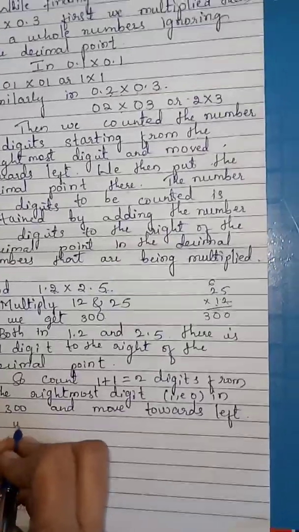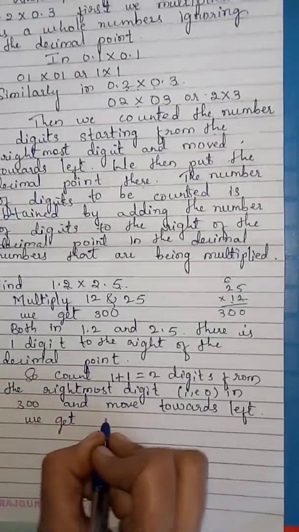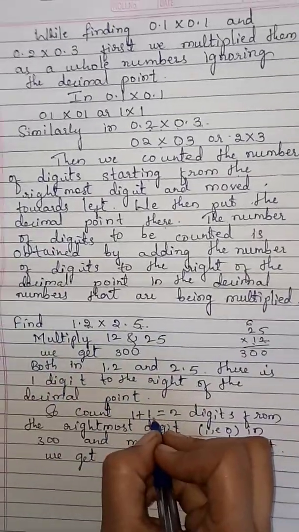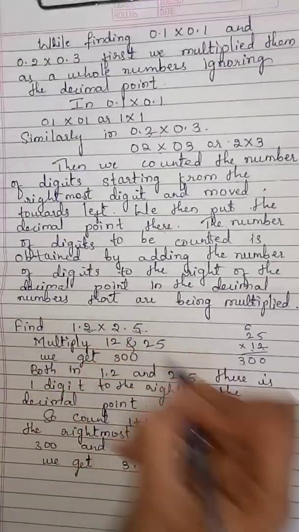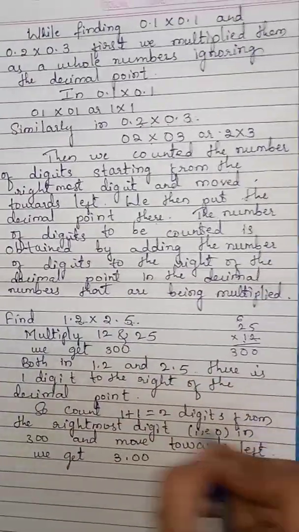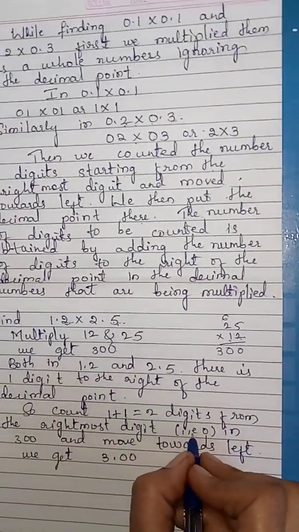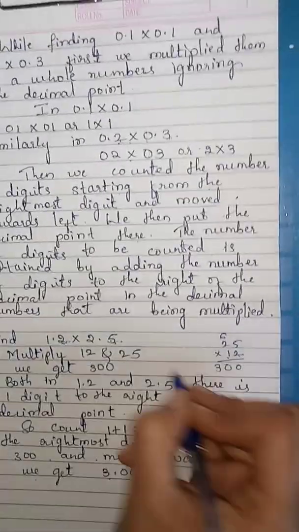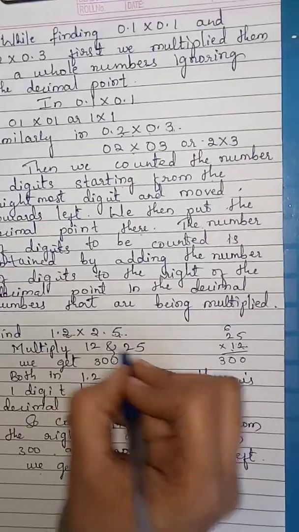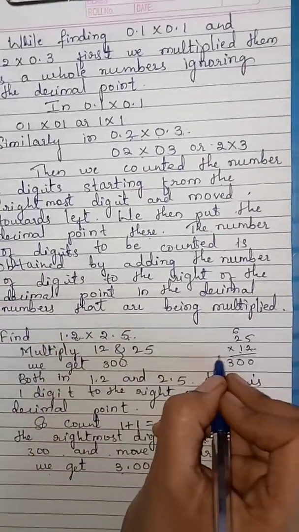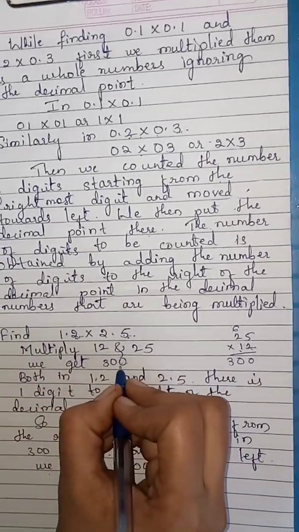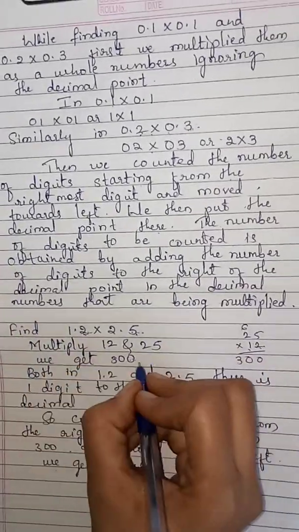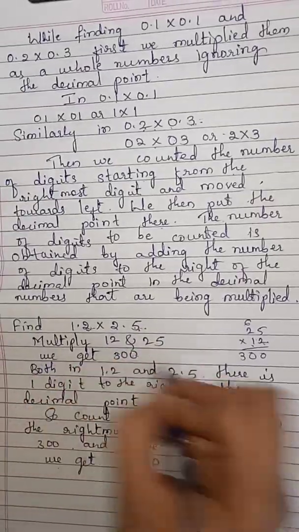We get here 3.00. See, total 2 digits, here 1, total 2 digits in the rightmost place. From the rightmost digit, that is 0 in the 300, and move towards the left, you will get 3.00. See children, 2 digits are there in the rightmost place, and therefore you have to give the decimal point after the 2 digits here, counting from the right to left.